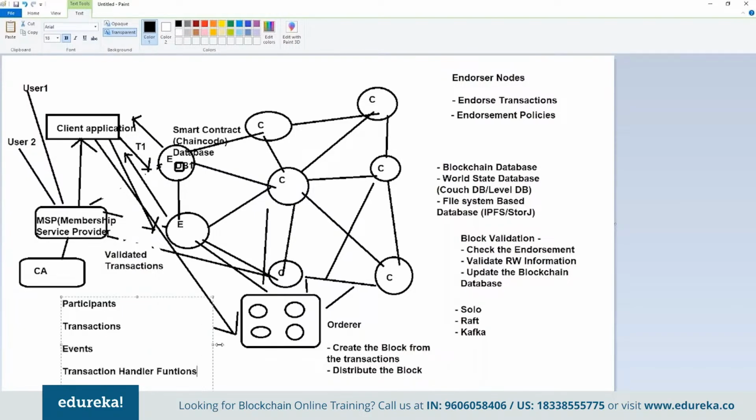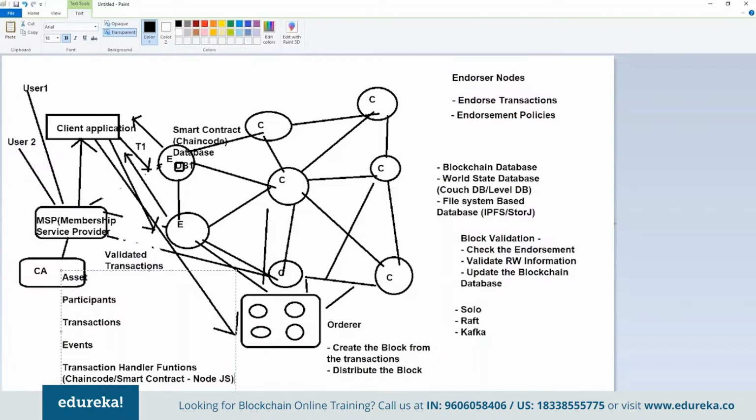Now these transaction handler functions are basically your chain code or your smart contract, and they are primarily written in Node.js. But the good thing about Hyperledger is it gives you SDKs in almost all programming languages. People prefer to write it in Node.js because it is simple.